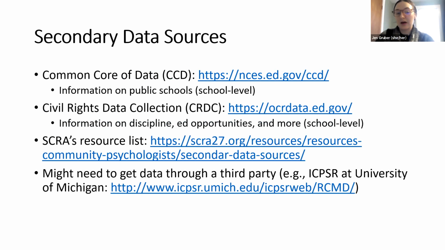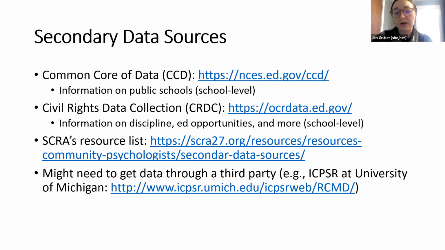Two others very specific to school-based research are the Common Core of Data, which has a lot of information on public schools, like Title I status and whether they have a free and reduced lunch program, and the Civil Rights Data Collection, also publicly available at the school level.